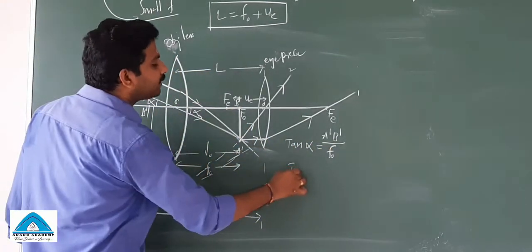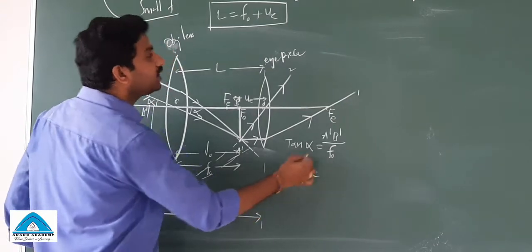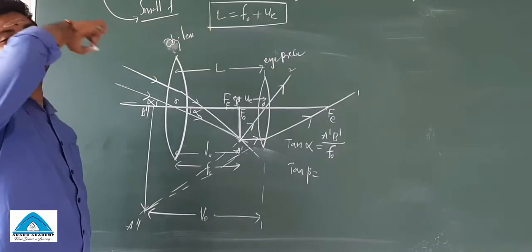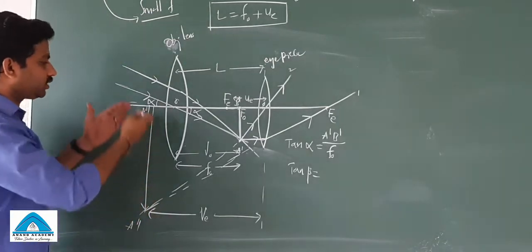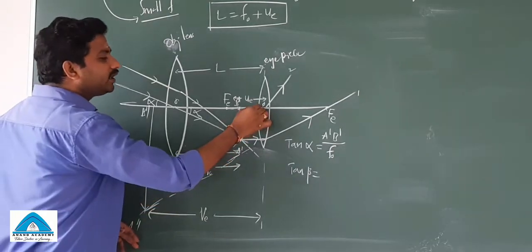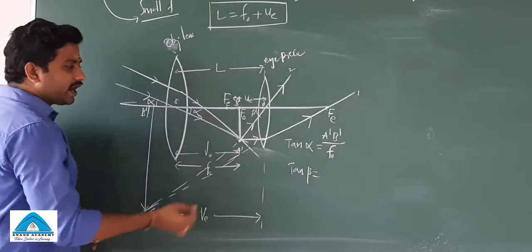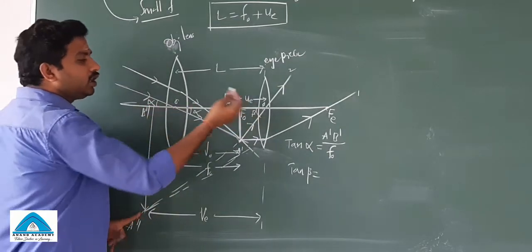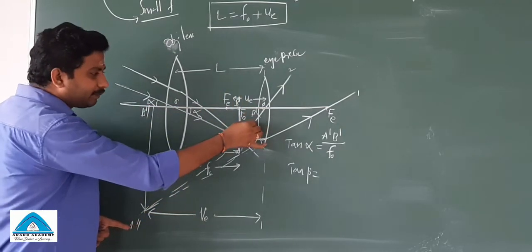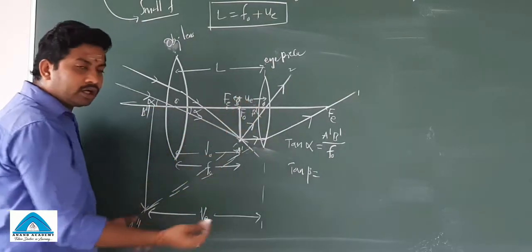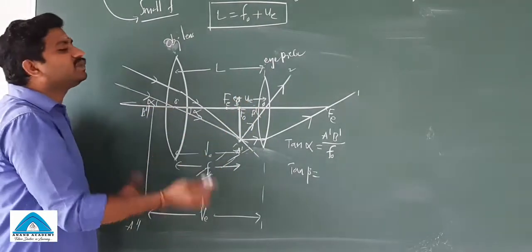And what is tan beta? Tan beta is the angle subtended at the lens by the final image. Where is the final image? Here is the final image. So the angle subtended will be beta, and this beta can be taken for this big triangle. Here is the big triangle, you can see. Or you can also take beta for the small triangle.